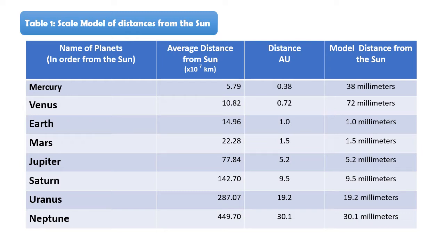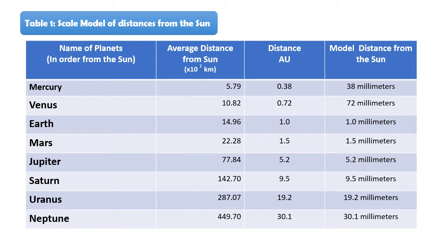Mars, 22.28 million kilometers, 1.5 astronomical unit, 1.5 millimeters. Jupiter, 77.84 million kilometers, 5.2 astronomical unit, 5.2 millimeters. Saturn, 142.70 million kilometers and 9.5 astronomical unit, or 9.5 millimeters.